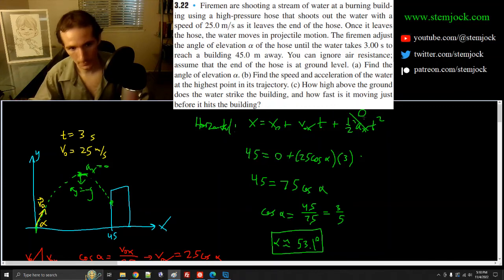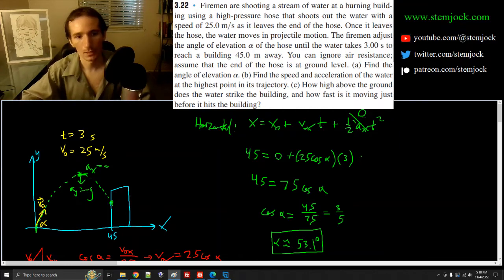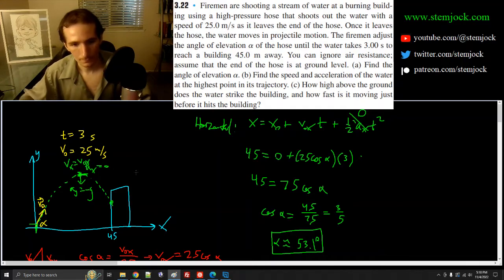The speed in the x direction does not change. So Vx equals V0x, it's the same as it was initially. And Vy is 0.